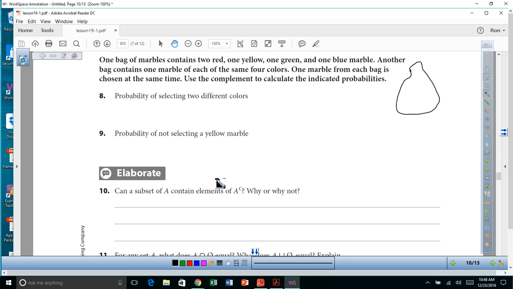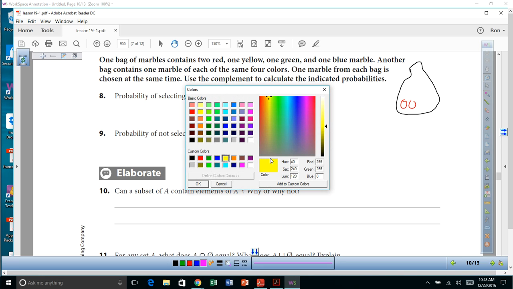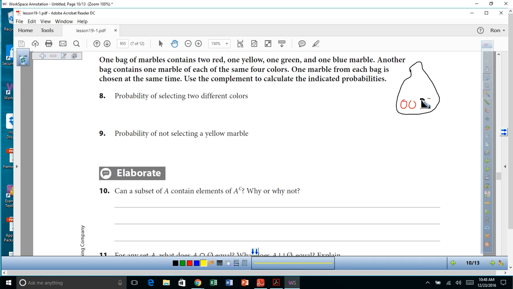Okay, so we got this bag here, and we have 2 red, 1 yellow. That's kind of hard to see, isn't it? And let's see, 1 green and 1 blue marble. Okay. And then another bag. So let's draw us another bag here.